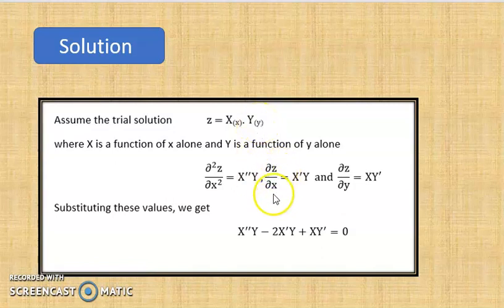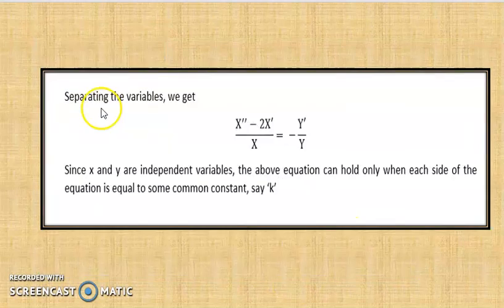Therefore we have dou z by dou x equal to X dash Y. Then similarly we have dou square z by dou x square is X double dash Y and dou z by dou y is X Y dash. Then substituting these partial derivatives in the given PDE, we get X double dash Y minus 2 X dash Y plus X Y dash equal to 0.